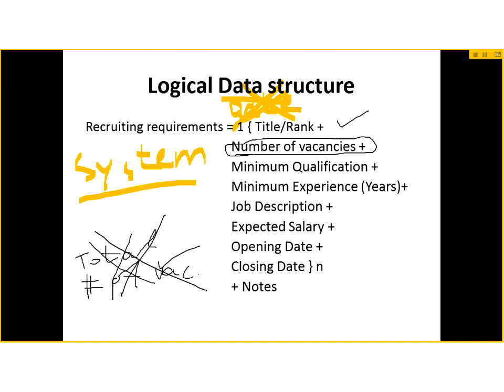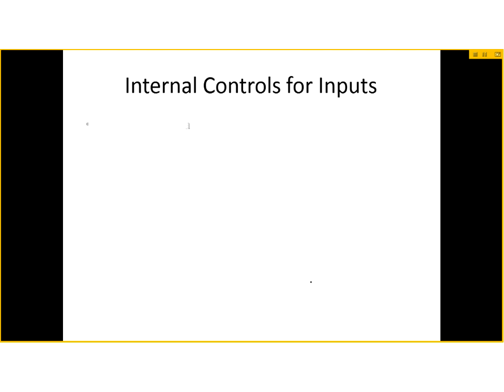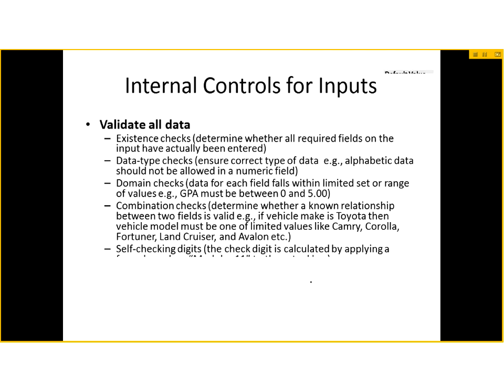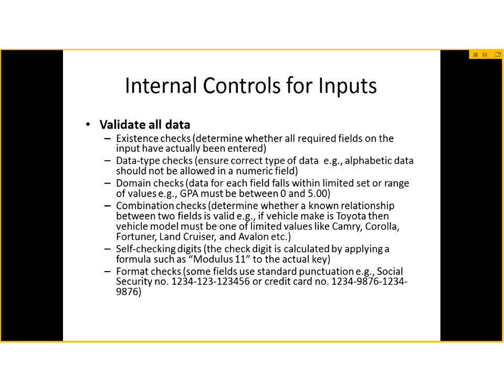Similarly, if you recall, in the output, we had total number of vacancies, right? Again, this is not required in the input because we can calculate it from the number of vacancies. The user has entered the number of vacancies for different titles.